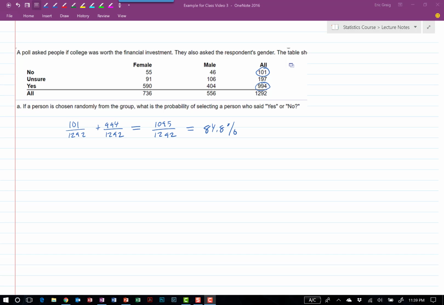In fact, you can see they add up to 0.848, because it's also possible that someone is unsure. Therefore, these two, 101 and 994, cannot be complementary because they don't account for all the possibilities.